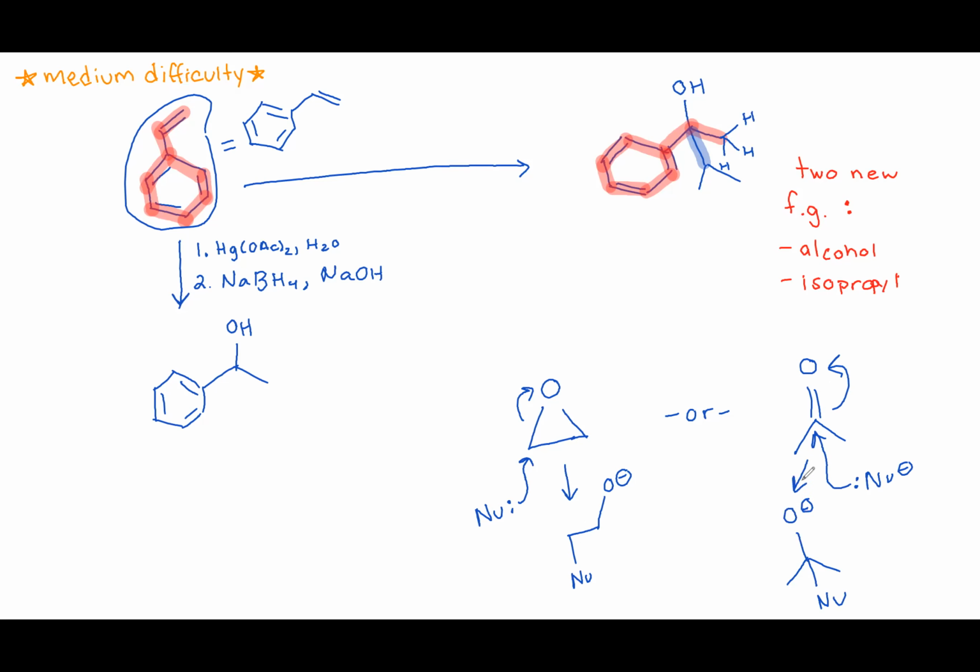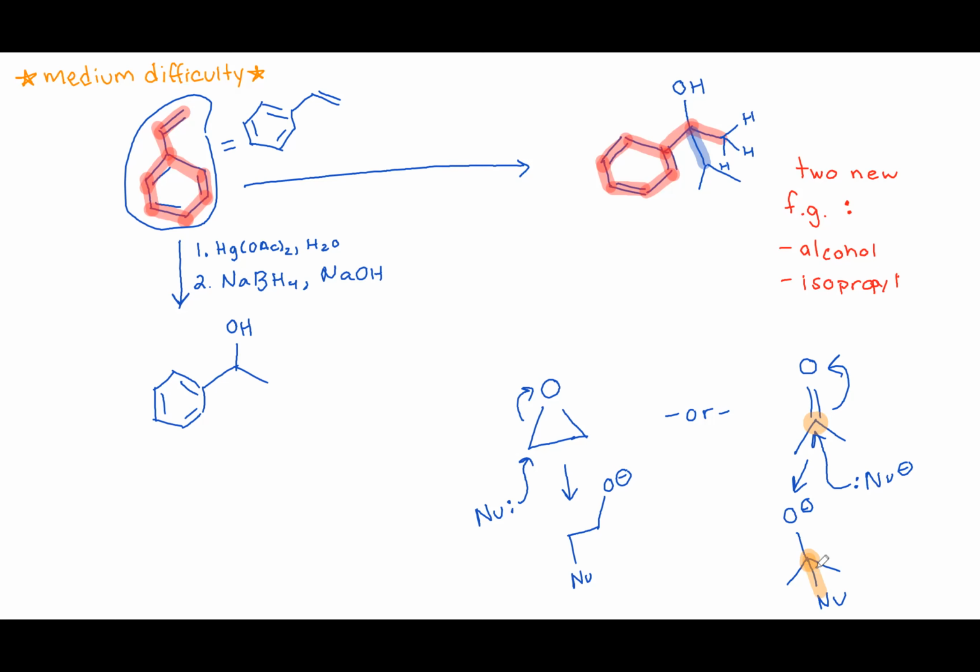So the key is determining the relative placement of that oxygen of the alcohol and the new carbon-carbon bond. So we see that when we are working with a carbonyl, the new carbon-carbon bond is bound to that same exact carbon as the oxygen.